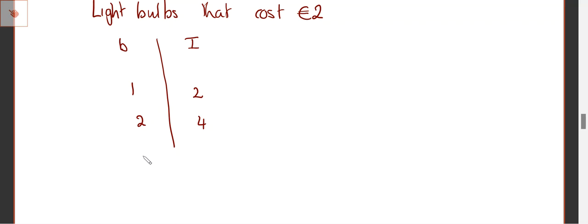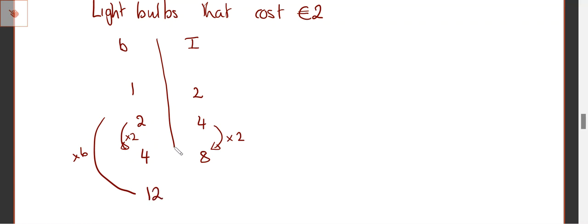If I multiply the number of bulbs by 2, what do I do to the income? Multiply by 2. Okay. So if I times that by 2, I times that by 2. If I times that by 6 to get 12 bulbs, I also have to times the other one by 6.